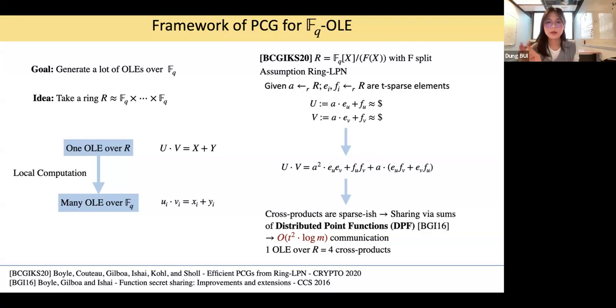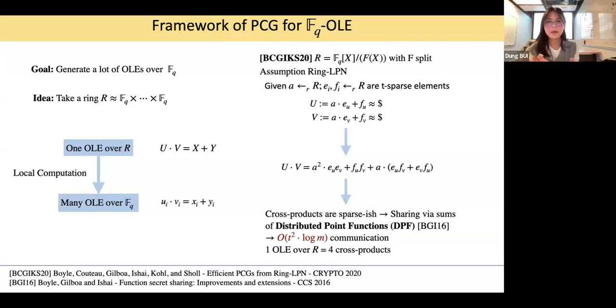I will introduce it later, but the distributed point function helps you secret share the product of two sparse vectors, while the communication is only logarithmic in m, the size of the vector.